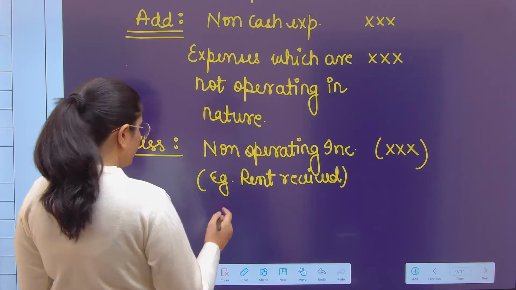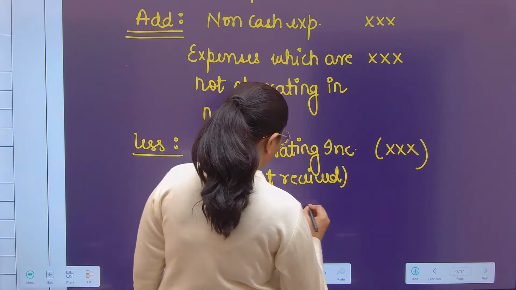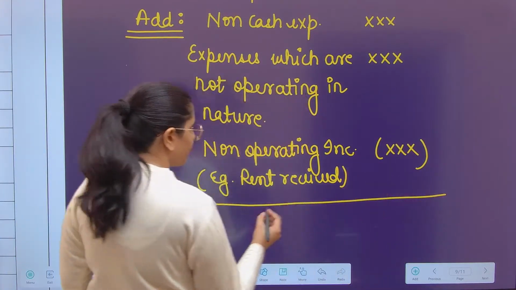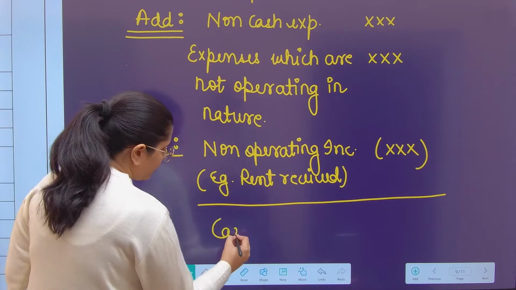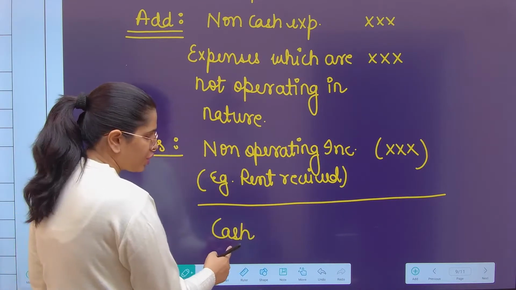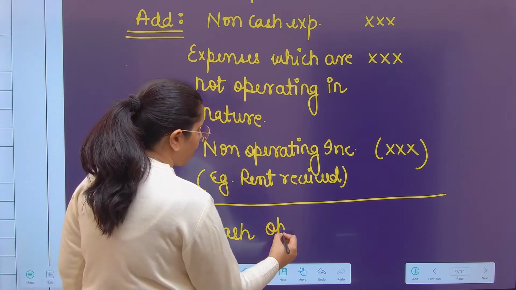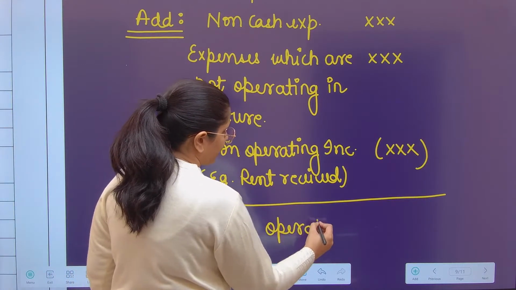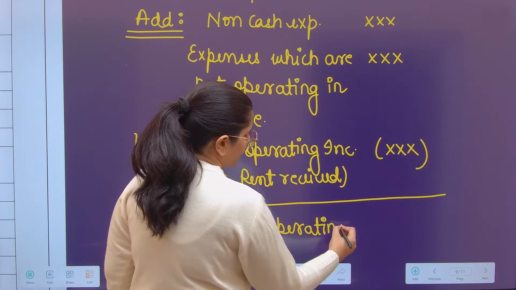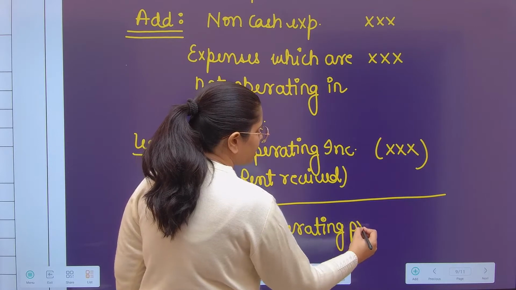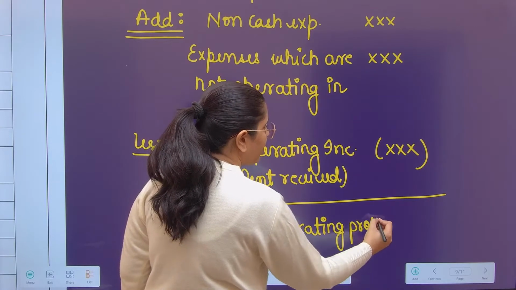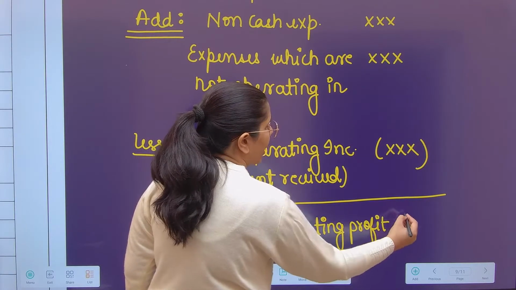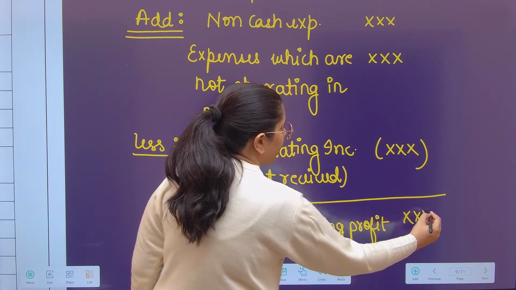So, this is the broad thing which will give me what? Two things I am using: cash operating profit. Means all those expenses which I have not incurred in cash, I will add them back.